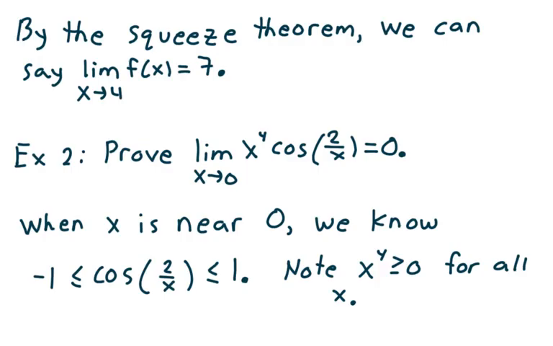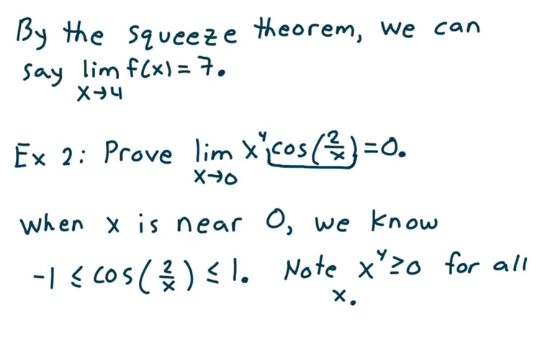And what we want to do is look at cosine of 2 over x. So we're going to focus on that piece of the limit first. When x is near 0, we know that cosine of 2 over x is less than or equal to 1 and greater than or equal to negative 1.